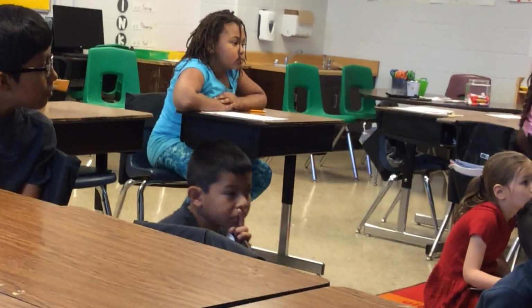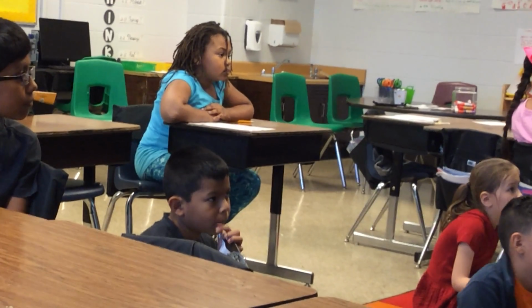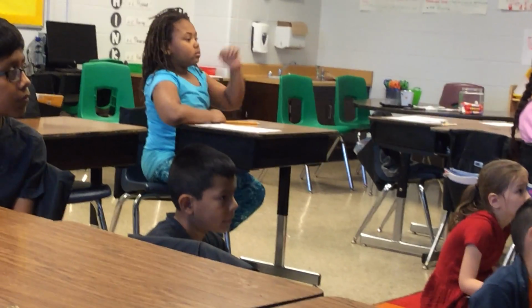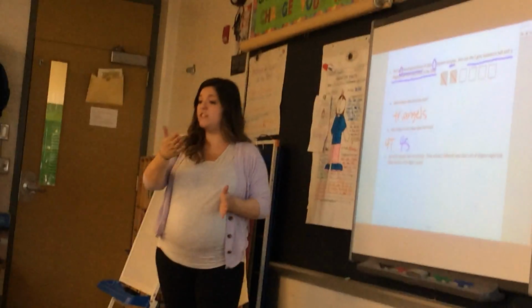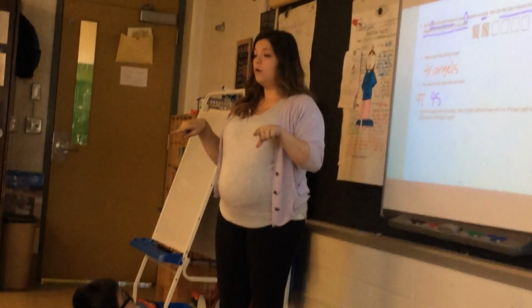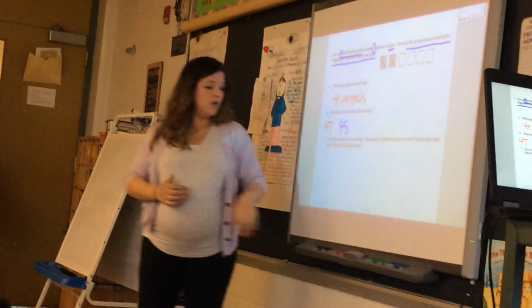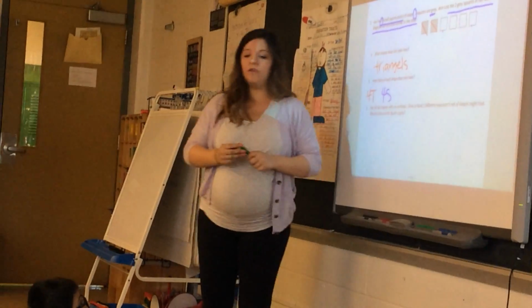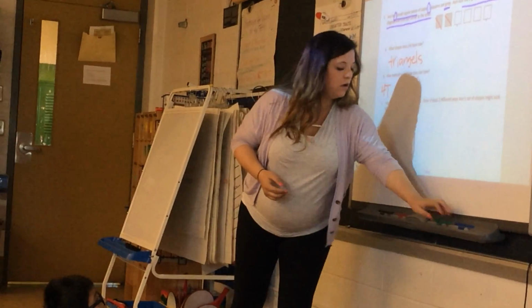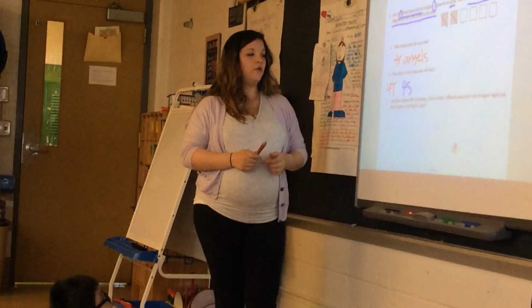So we need to use all the shapes, our 4 triangles and our 4 squares, and we need to draw it at least 2 different ways. Just like we cut out our shapes and made them look different when we glued them on, that's what we're going to do. So let's do one together, and then you can do one by yourself or with a partner.